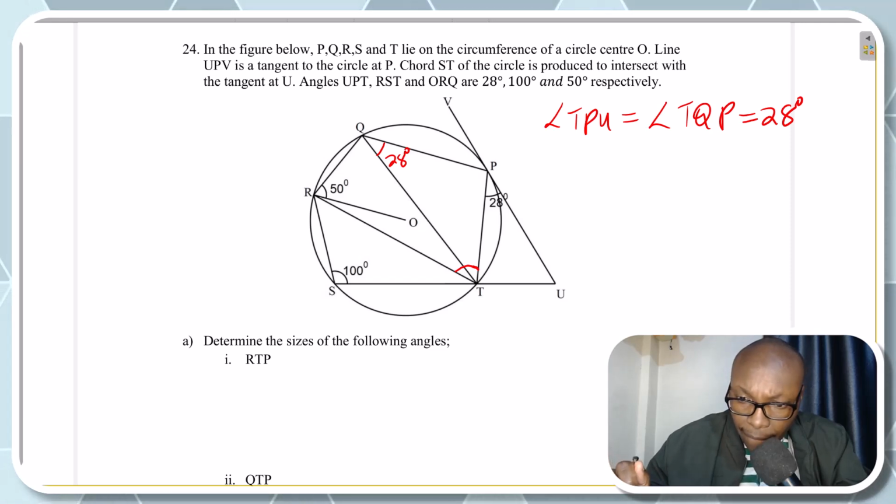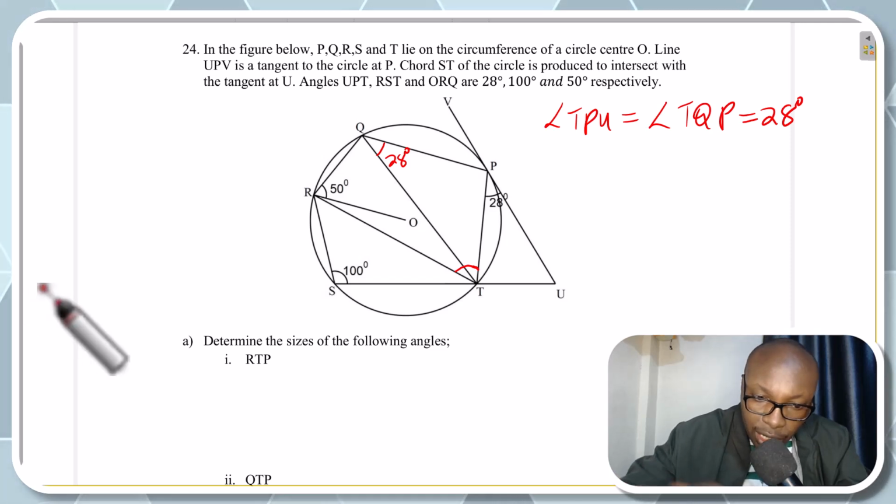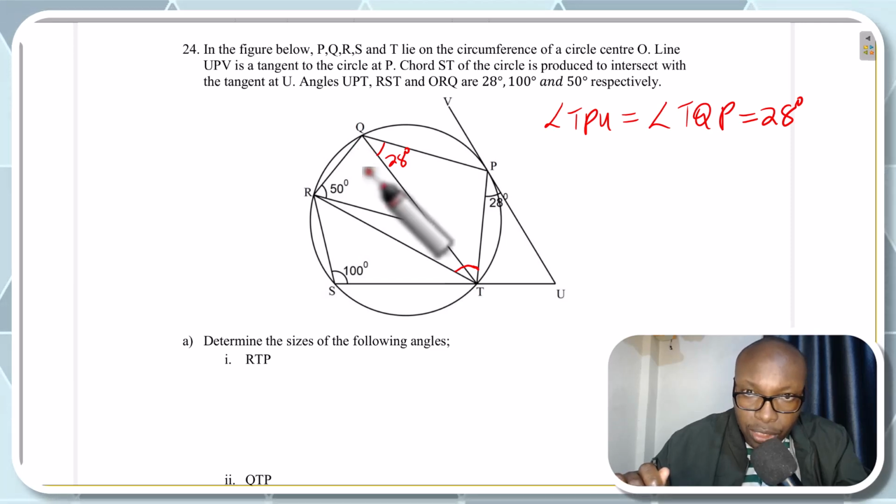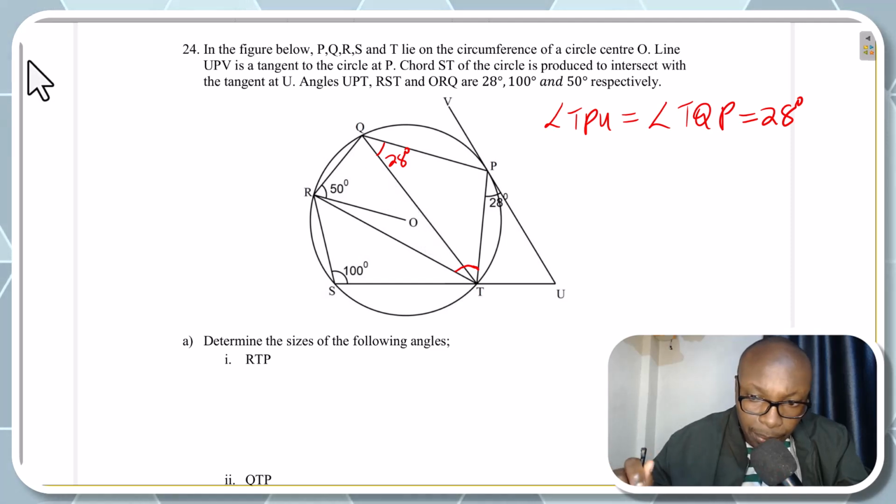After getting that, I'd like you to look at this quadrilateral RSQT. Look at this angle S and angle Q. Those are two opposite angles in a cyclic quadrilateral. And the property relating to that is that the sum of two opposite angles in a cyclic quadrilateral should be 180.